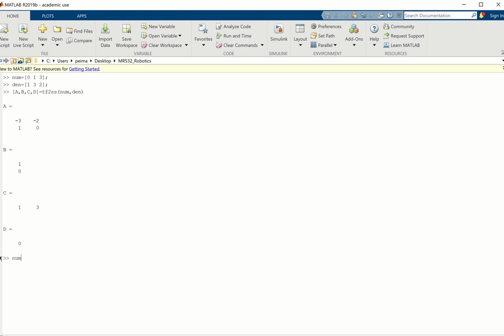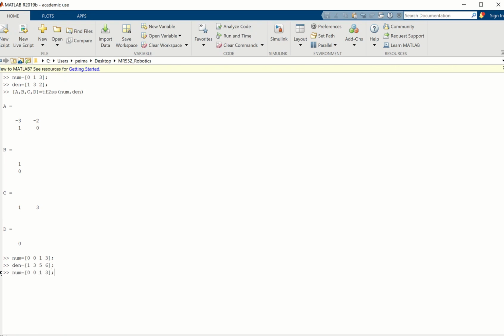Now suppose you have a third order system, I don't know, numerator 0, 0, 0, 1, 3, meaning the numerator is s plus 3, and the denominator is 1, 3, 5, and 6.